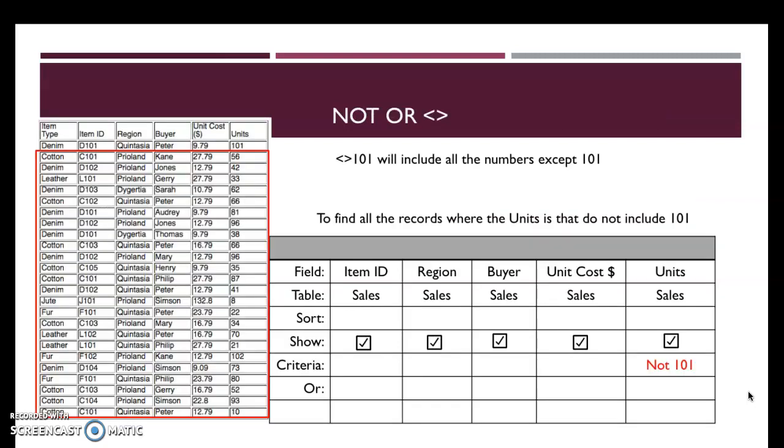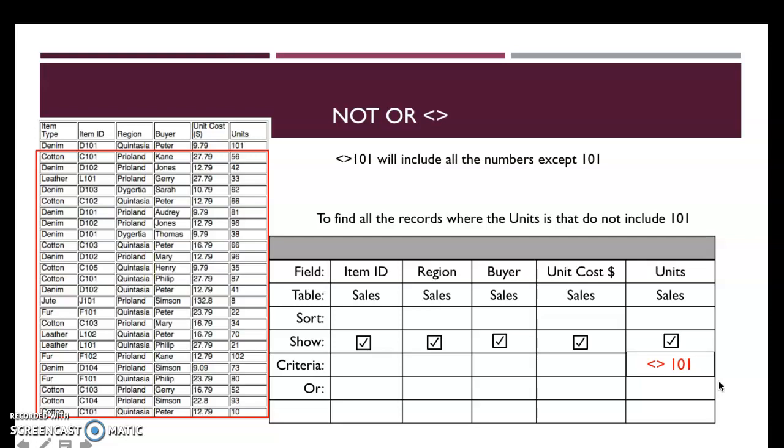So in the units column, our criteria says not 101. So this will then pull all of the records that have units that do not equal 101. So 101 is the only record that is going to be left out, or any other records that have units that are exactly 101.